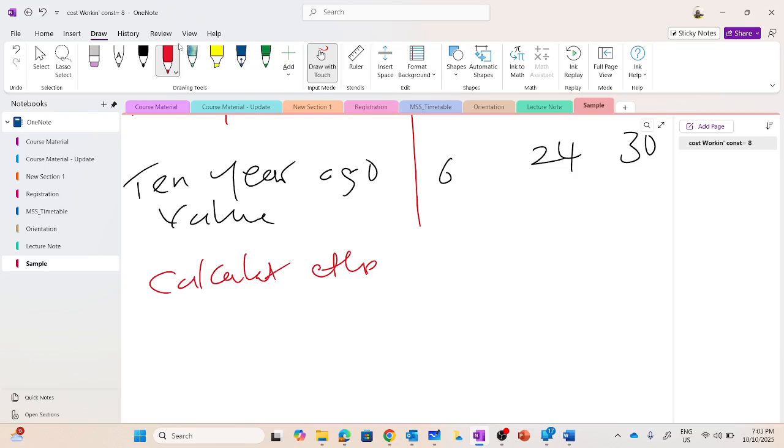So the cost for the building is 24, divided by 40 years. The total expected useful life will remain 40 years, unchanged.